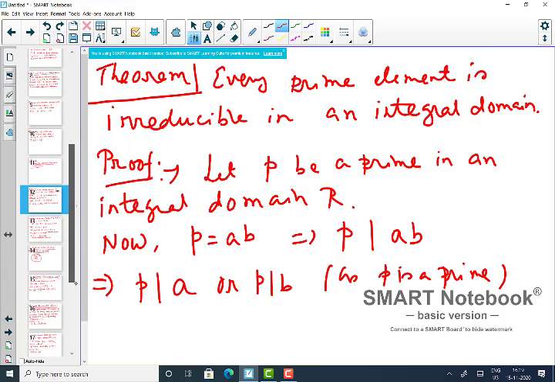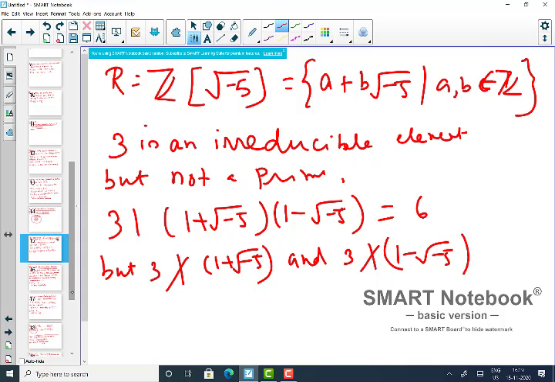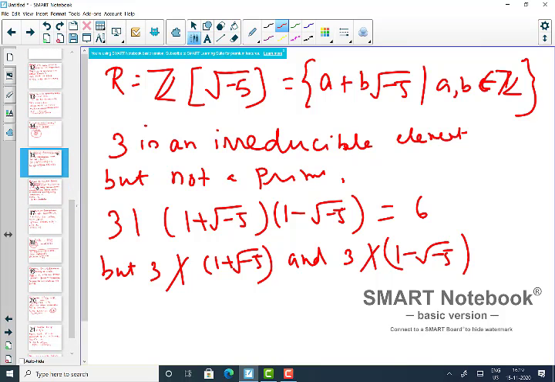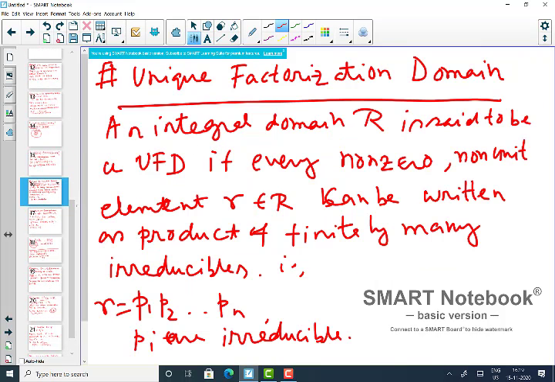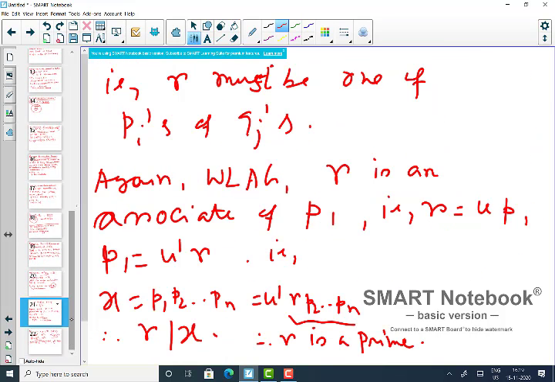The converse is not true, because some elements are irreducible but not prime. Then, in search of a criterion, we defined the unique factorization domain, and inside that definition we proved that prime elements and irreducible elements are the same.